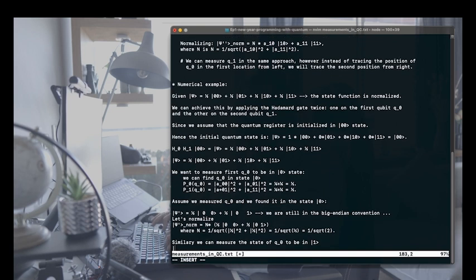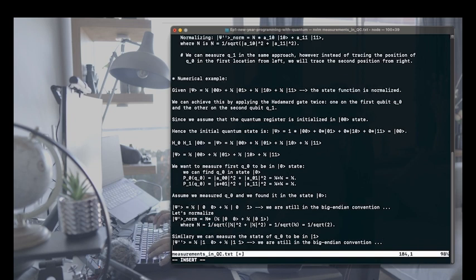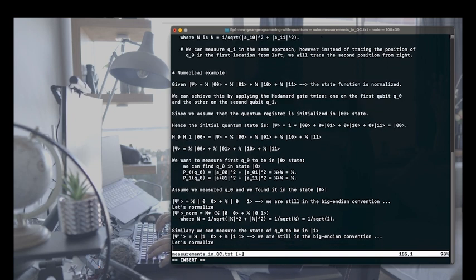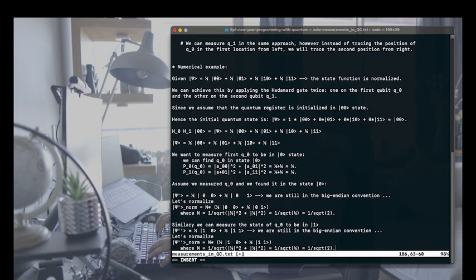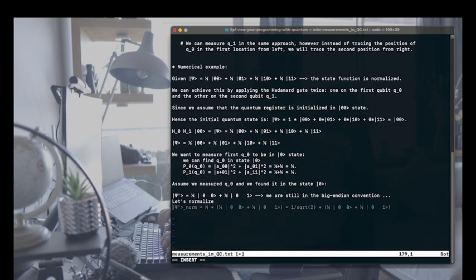And similarly, we can measure the state of Q0 to be in state 1. Then we get a new state, psi double prime, after collapsing of the original state function psi, which will have the surviving terms in which Q0 is in state 1, and of course it is not normalized. Then we have to renormalize it, and we introduce psi double prime underscore norm, and this is the way we renormalize it basically.